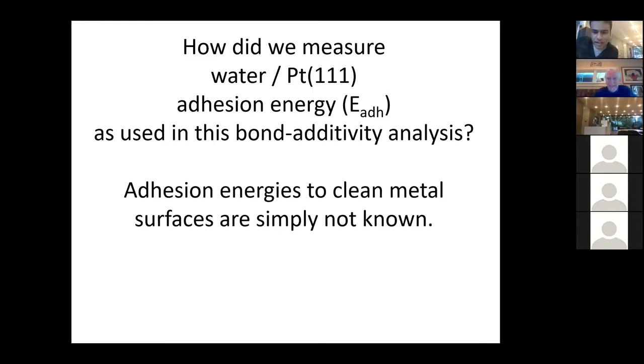Okay. So the next question is from Megha at DTU. And the question is if other protic solvents would have a similar effect. Yeah, let me get to what the effects of different solvents are, because that's the next part of the talk. So maybe that's a good segue to start the next part of the talk. Does that sound reasonable? That sounds reasonable.